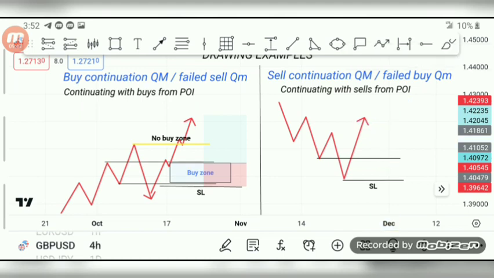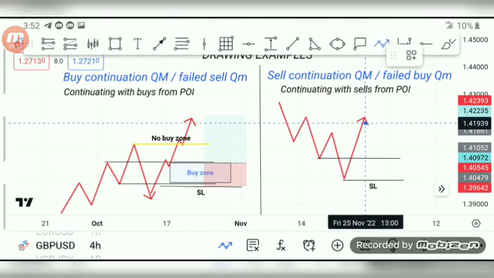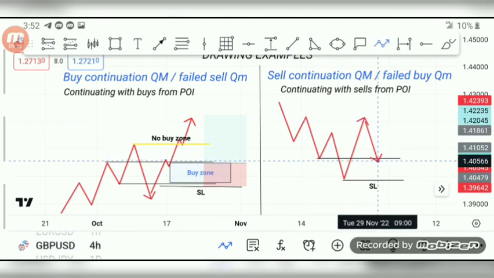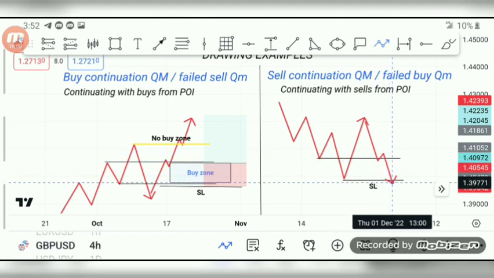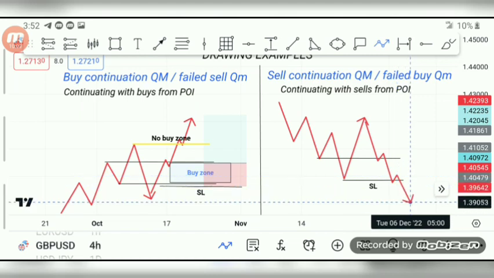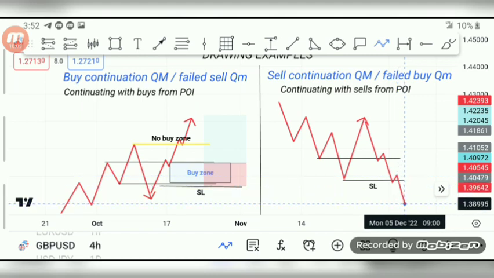But in this case, we are looking at a failed buy QM, a sell continuation. So I want to see price come over, try giving us a reaction, fail, tap our stop loss, and go lower.